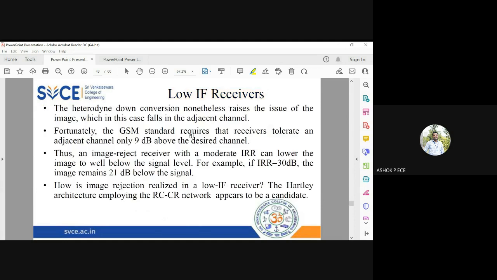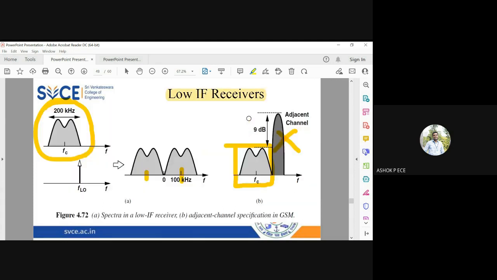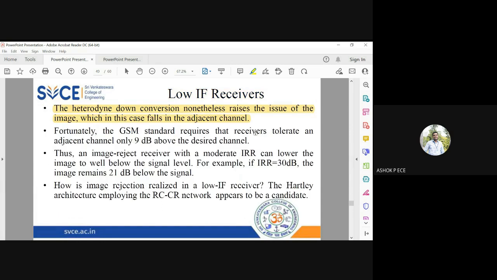This heterodyne will have an issue of the image, and the image will be very close to your channel. As we see in the figure, in this architecture I will not say the image is completely removed; the image will be there, but very close to your channel. So filtering has to be done perfectly. For GSM, this channel is only 9 dB above the desired channel.